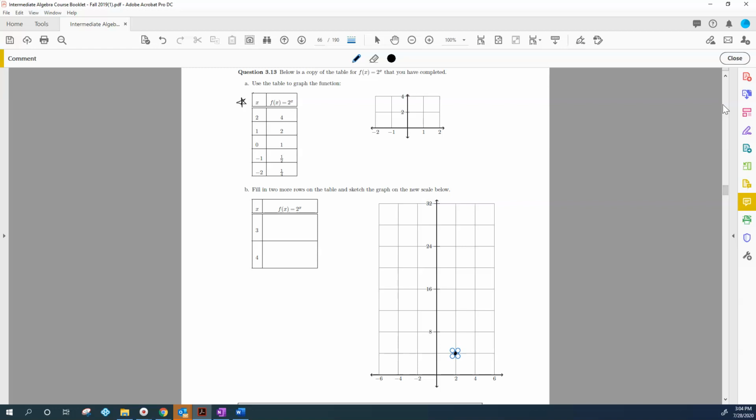Then over 1, up 2, so about here. Over 0, up 1, so maybe about here. And then over negative 1, up a half.